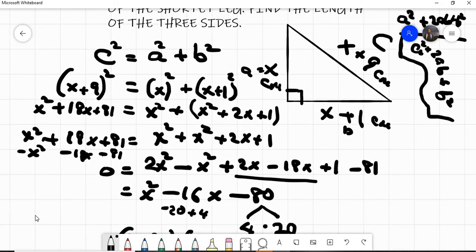So our sides, this one will be 20, and then this one will be 21, and then this one will be 20 plus 9.